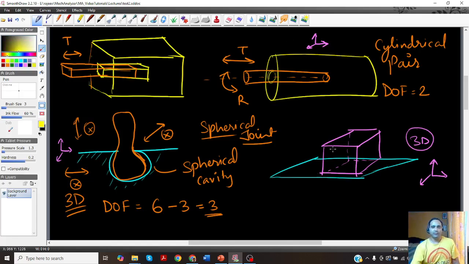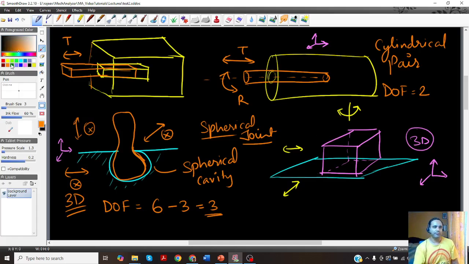Okay, so now what is allowed, what is not allowed? It is very simple. I can translate like this, I can translate in this direction so that it always remains on the plane, and I can rotate in this manner. So 3 motions are possible.